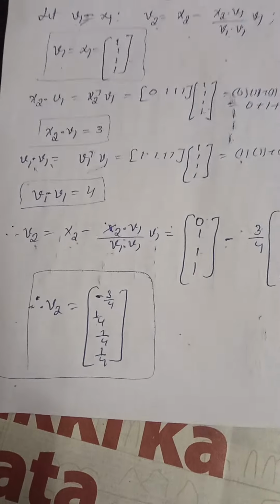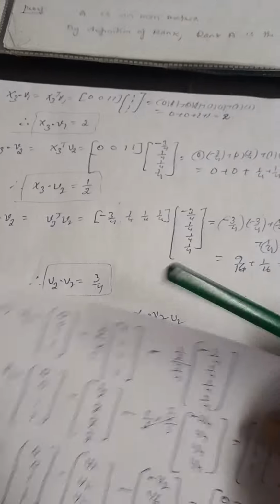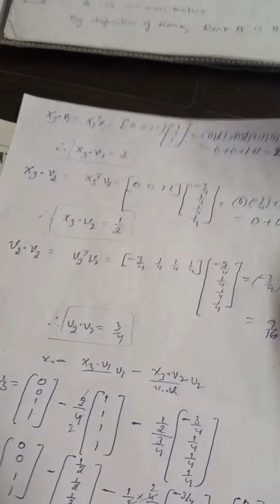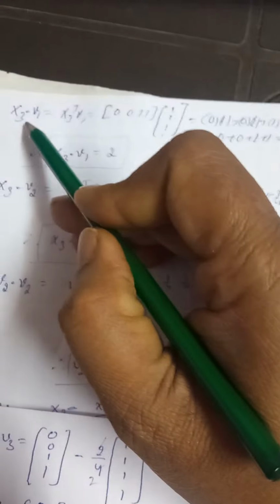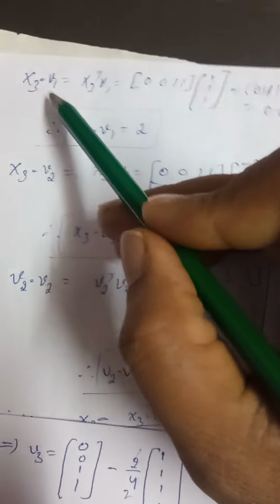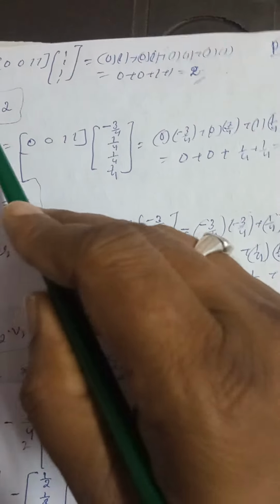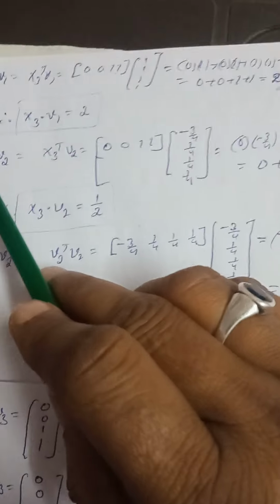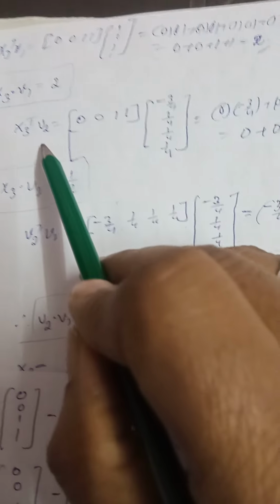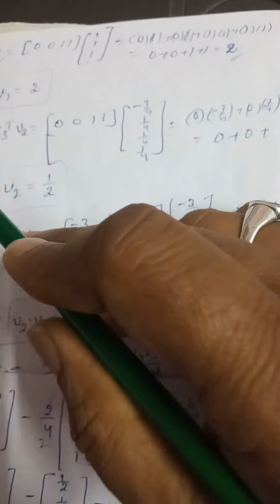Now we need to find the third vector, that is V3. To calculate V3, we have to find x3 dot V1, that is x3 transpose V1. This value is equal to 2. Again, x3 dot V2 also we have to calculate, since the formula has x3 dot V2.